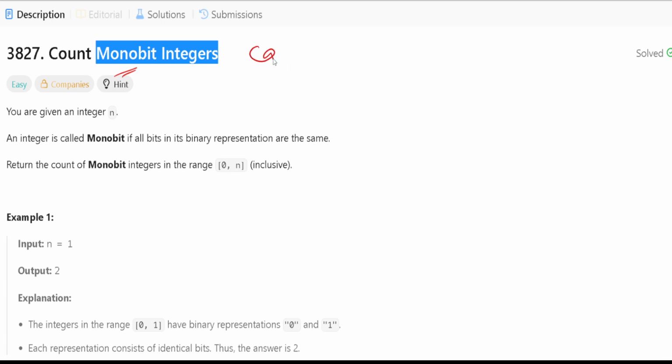Case 1 is when all bits are zeros. Only one number satisfies this case, which is 0. If we have 0, it means zero bits will be there.